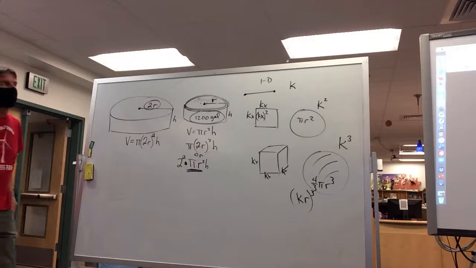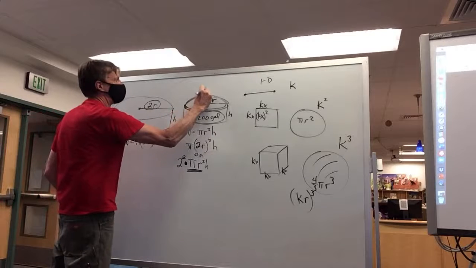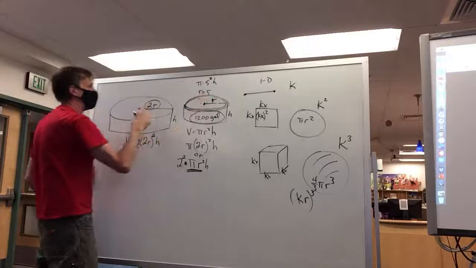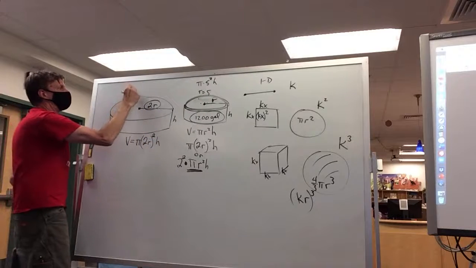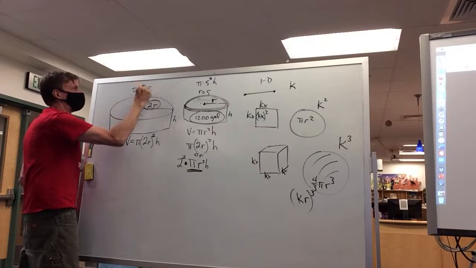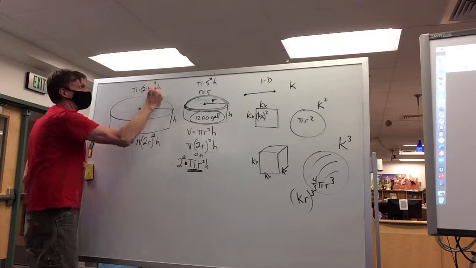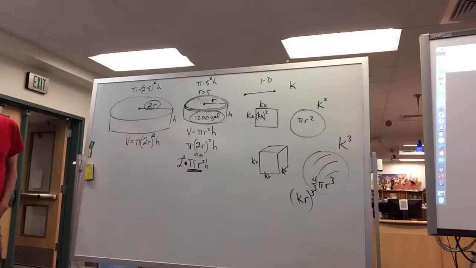Imagine if r is equal to 5, then this is pi times 5 squared times h. And here, it would be pi times 2 times 5, which is 10 squared times h.